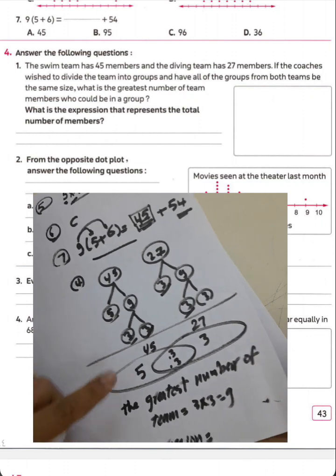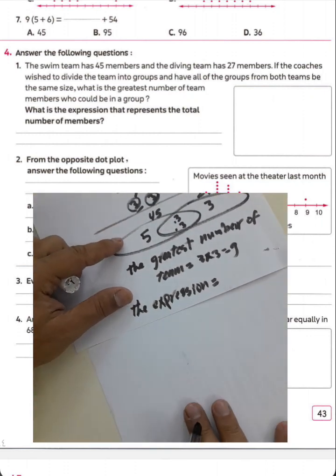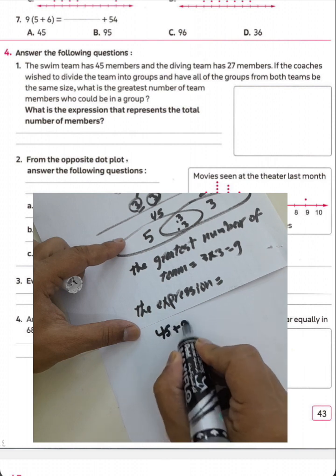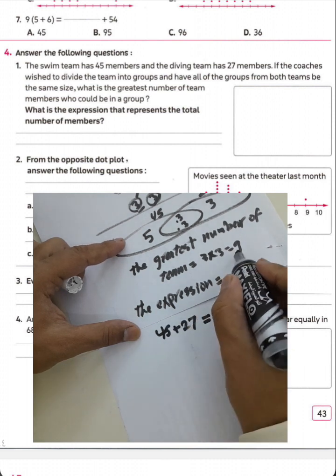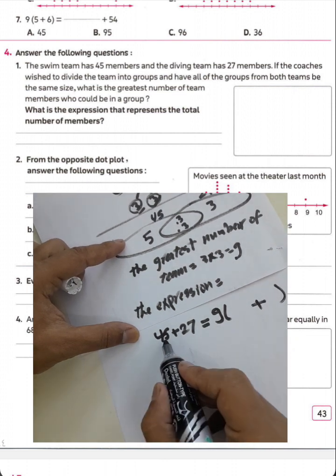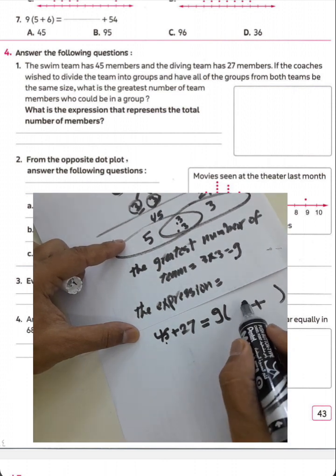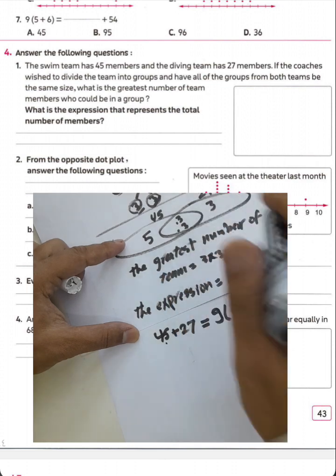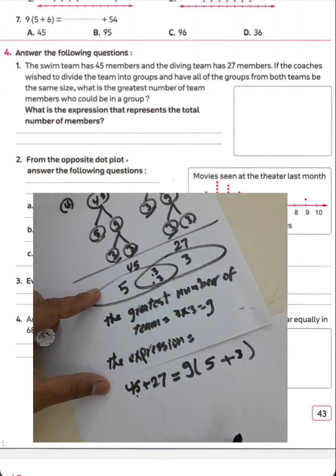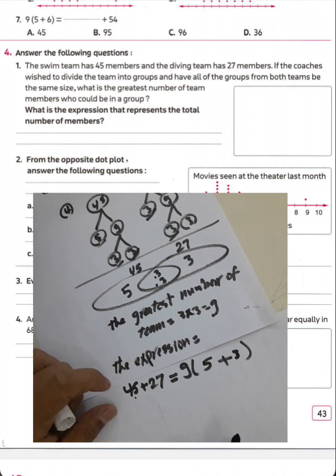We can write the highest common factor between the two numbers outside. We can write 45 plus 27, highest common factor 9, write 9 outside, and then 45 divided by 9 equal 5, or write 3 here and write 5 here from the Venn diagram. Okay, that's the expression.